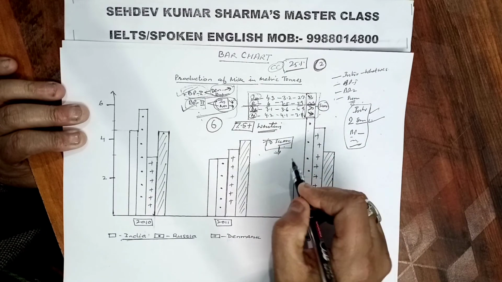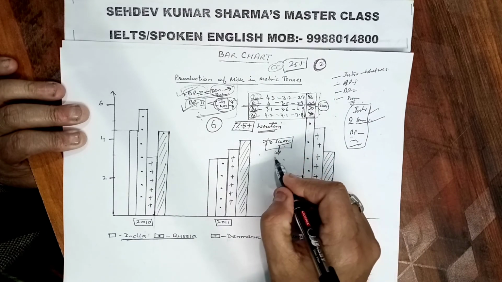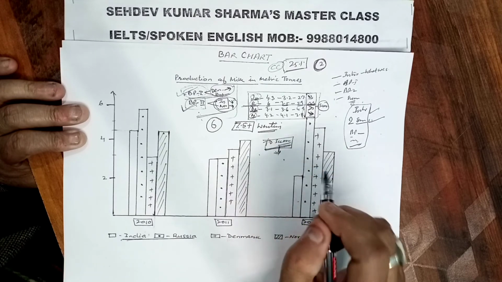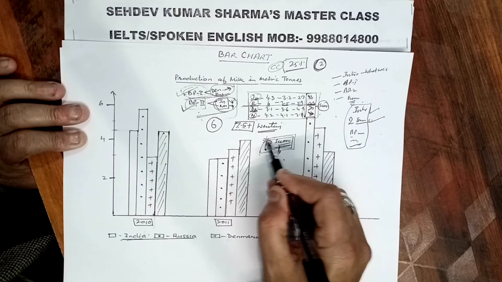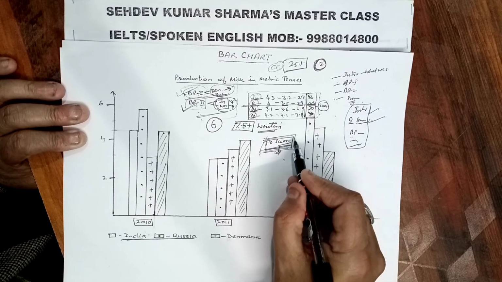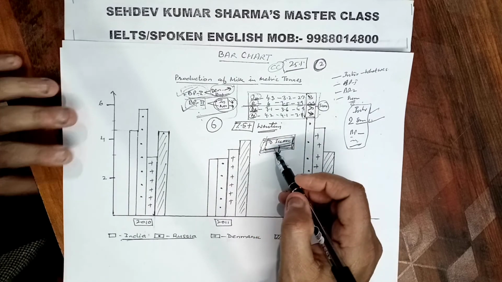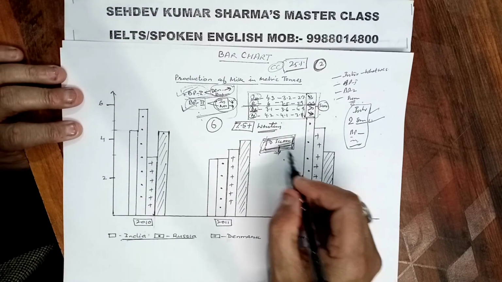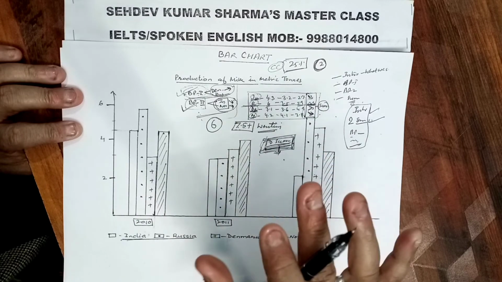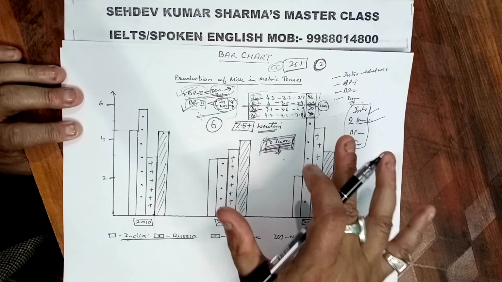Those who claim that this essay is of 9 bands, they write only one word, that is to summarize. This word is not going to impress your examiner. You may write recapitulate, in nutshell or overview, whatever you want to write. But I personally believe that to summarize is the best word which you must use.